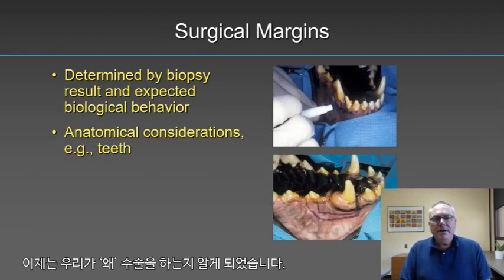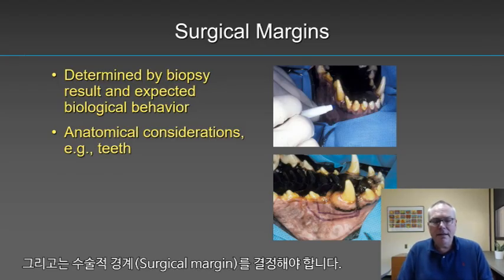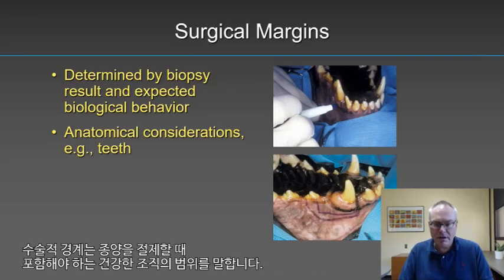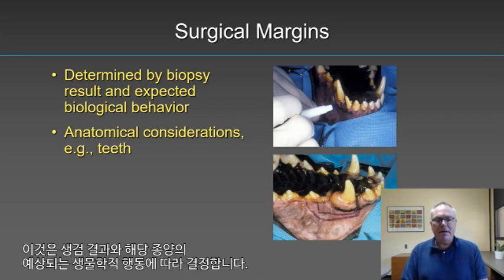So now we know why we want to perform surgery, and that leads us to deciding what the surgical margins should be. The surgical margins mean the area of normal tissue that should be included in the excision of the tumor. That is determined by the biopsy result and the expected biological behavior of the tumor type.